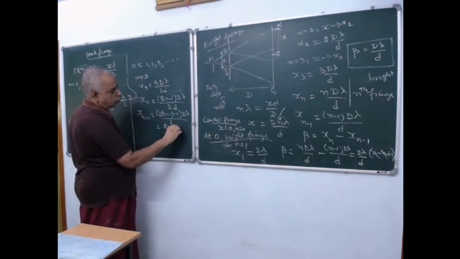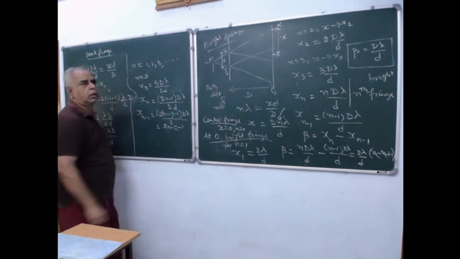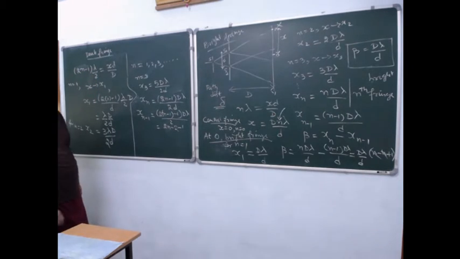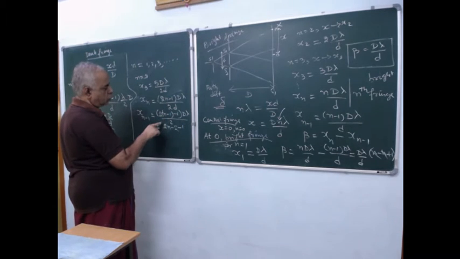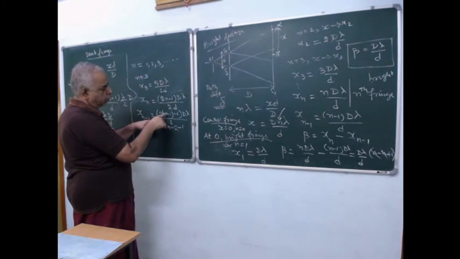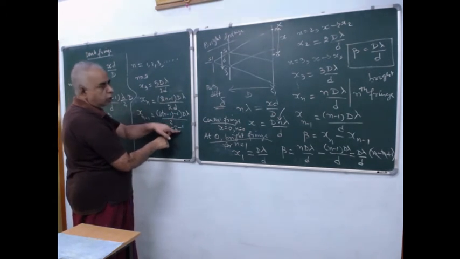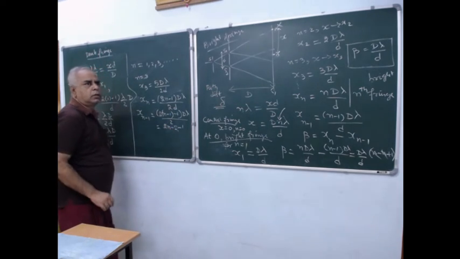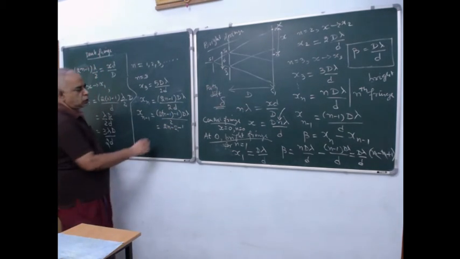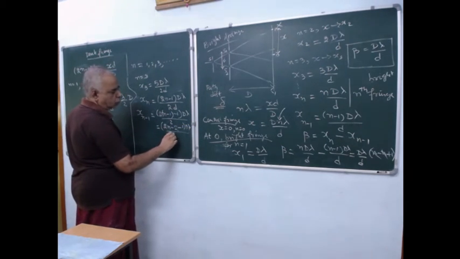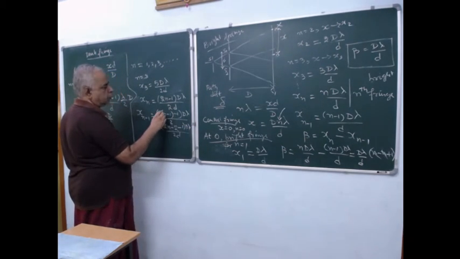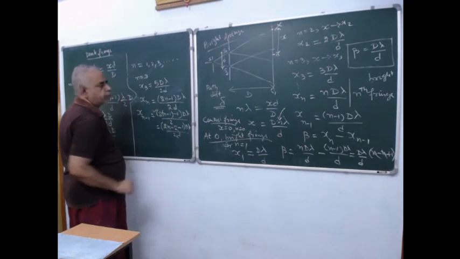Minus 2 and then minus 1. So minus of 2 into n minus 1 and minus 1. So this is 2n minus 2, and you got already minus 1, into D lambda divided by 2d. Or you can retain the same thing, that is this one.